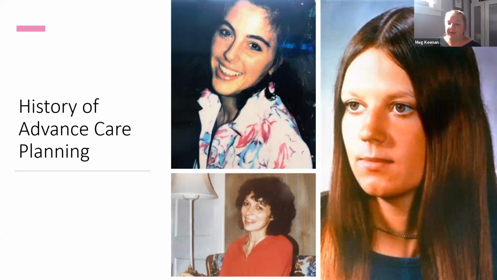And while Terri's husband and her parents never agreed on who should make decisions or what Terri would want, they did agree that no one else should ever have to go through this. So this is what spurred on the advanced care planning movement, I'd like to say, and really did force people to start having those conversations.